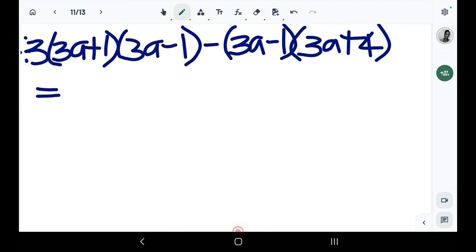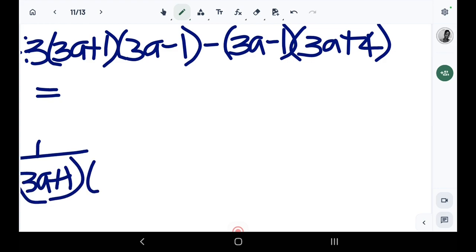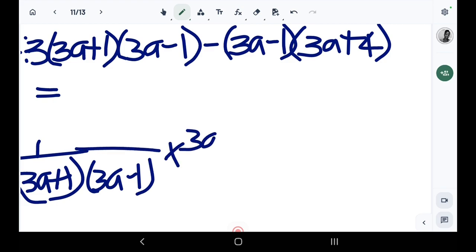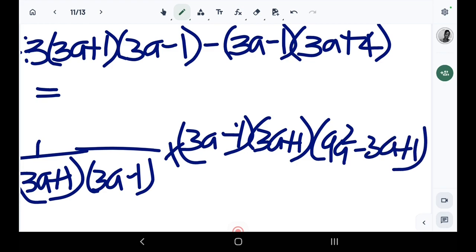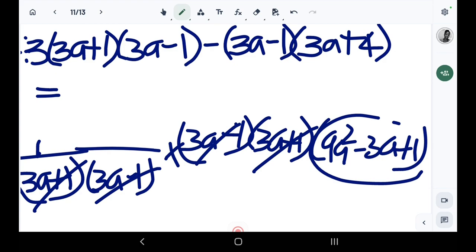Now we'll multiply that by the lowest common denominator, 3a minus 1, 3a plus 1, then 9a squared minus 3a plus 1. The 3a minus 1 cancels with that, and the 3a plus 1 cancels with that. Now you're left with 1 times 9a squared minus 3a plus 1, which is simply 9a squared minus 3a plus 1.